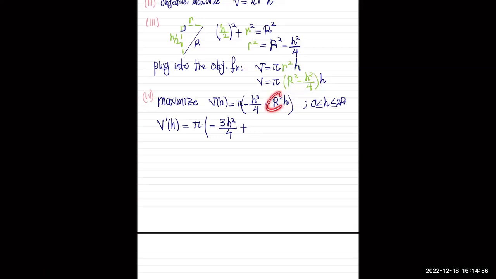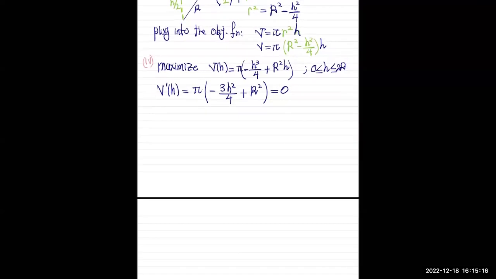This is just a number, like 100. The derivative of 100h is 100. The derivative of h is 1, so we get r squared only. That's the derivative. Set it equal to 0 and solve this for h. Hopefully that's your critical value.